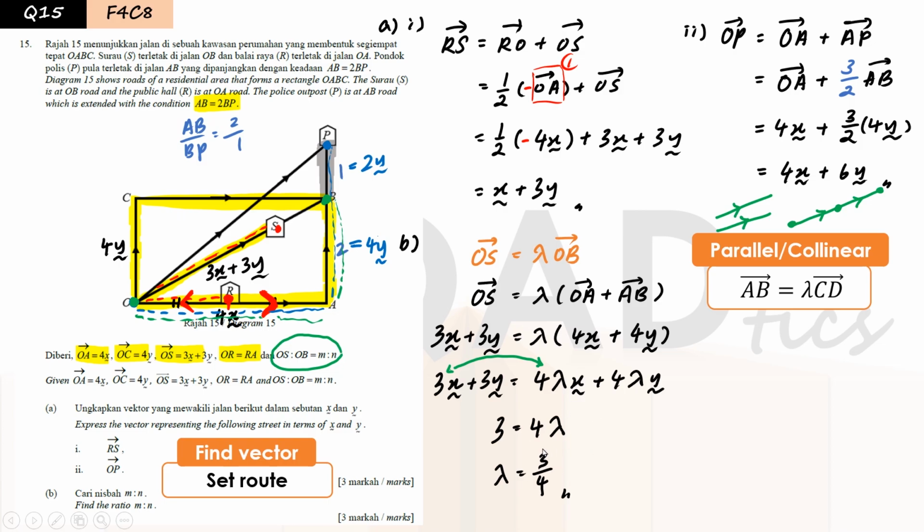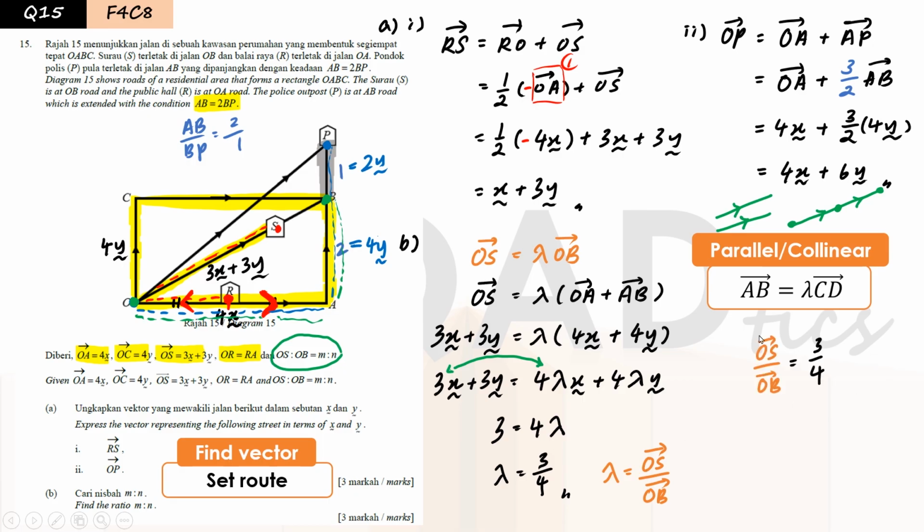Alright, so how do I transform this 3 over 4 to ratio? Okay, that's the question. So for the lambda value, let us go back to this one. Okay, let's change this equation in a way that lambda will be on the left, the rest of things to the right side. Okay, so once we've done that, you can see that lambda is actually equals to OS divided by OB. And if we equate these two things together, we will get something like this.